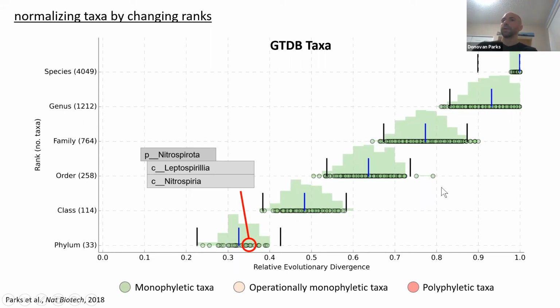I will just point out that there are still some outliers. This is just a pragmatic issue: in a very small number of cases you have a class and a family, and you have internal nodes that you put those on that satisfy your rule, but once you've done that there is actually no stable internal node on which to put that order. That is just a pragmatic problem that happens in a few cases.